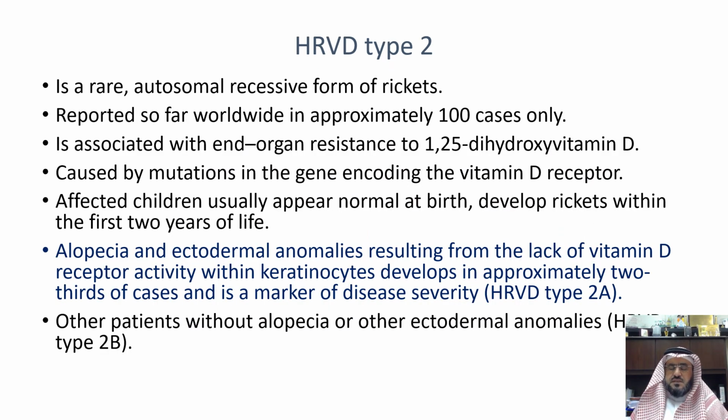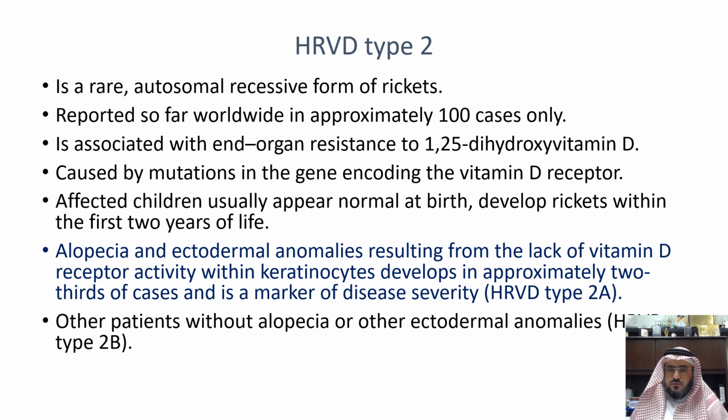Vitamin D resistant rickets type 2 is a rare autosomal recessive form of rickets. So far in the whole world, only 100 cases reported.